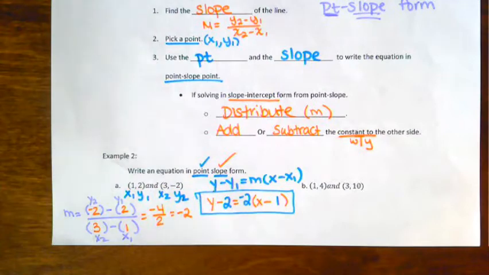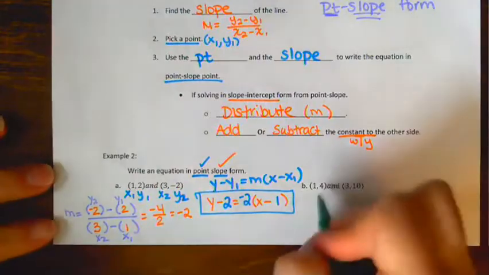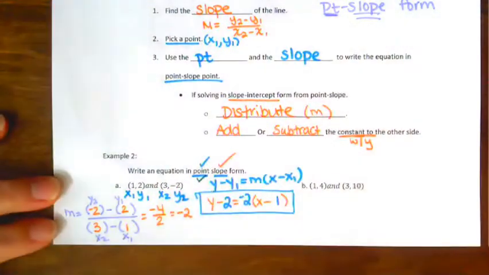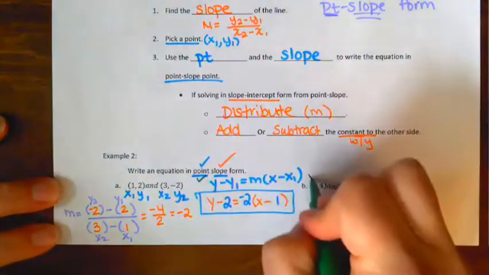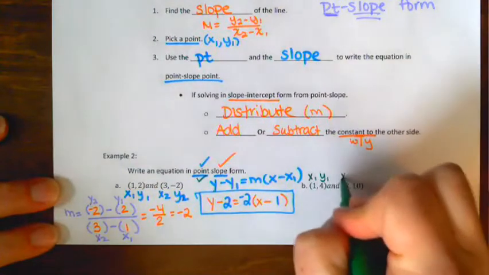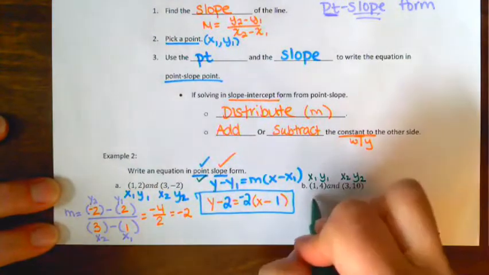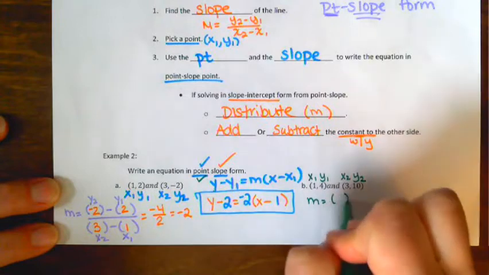Okay. All right, let's do B. So again, we have our point. We need to find the slope. So x1, y1, x2, y2. So m equals.